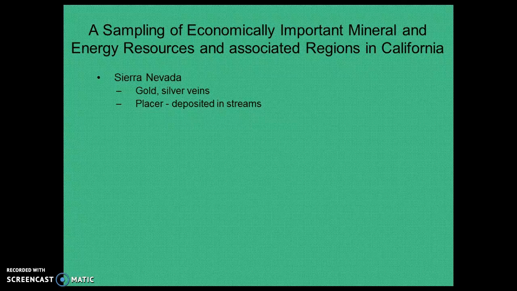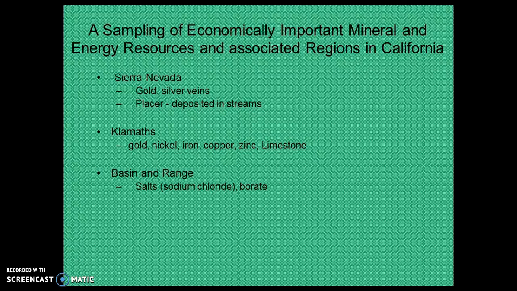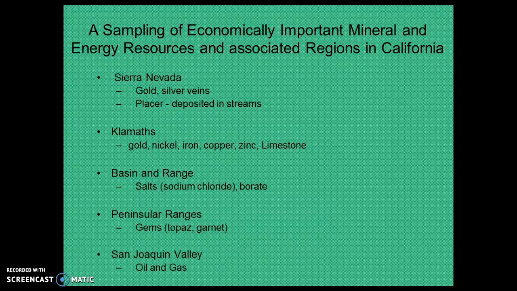Gold, of course, strongly associated with California from the gold rush, but we also have other minerals that have been mined extensively in the Klamath region, in the Basin and Range region, the Peninsular region, and the San Joaquin.